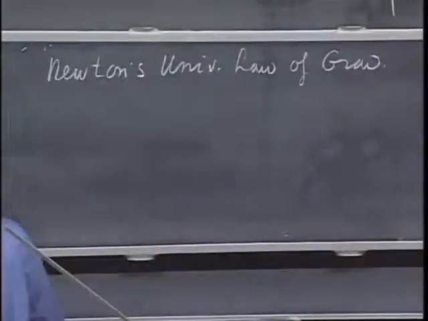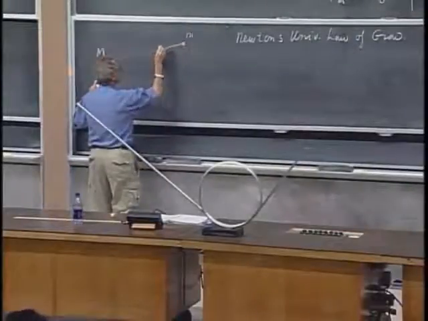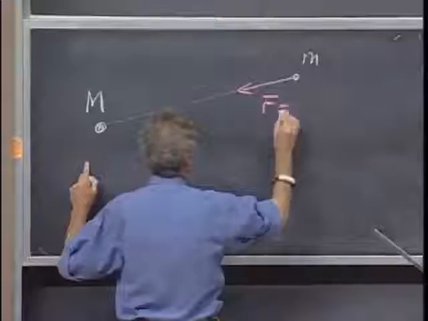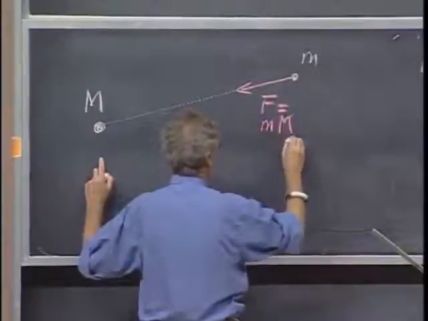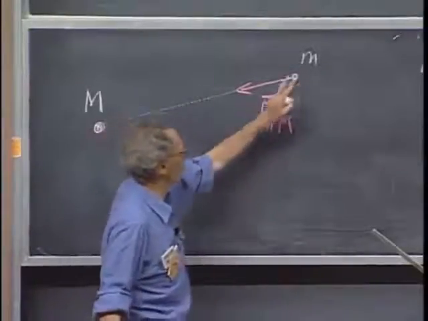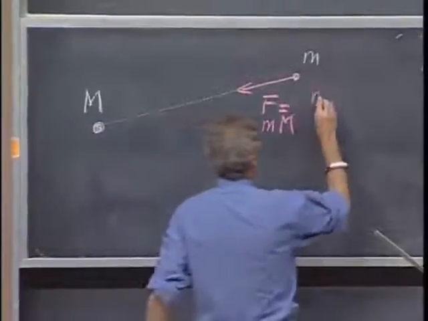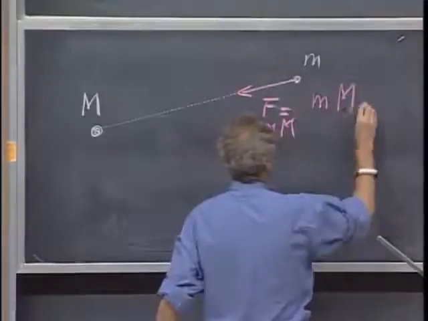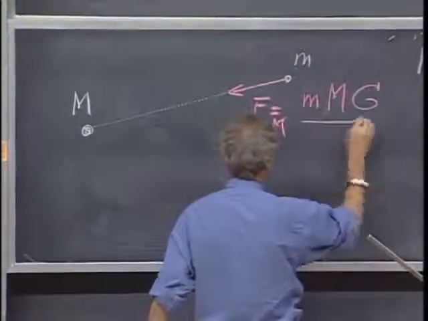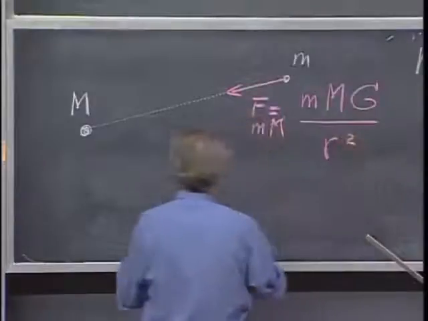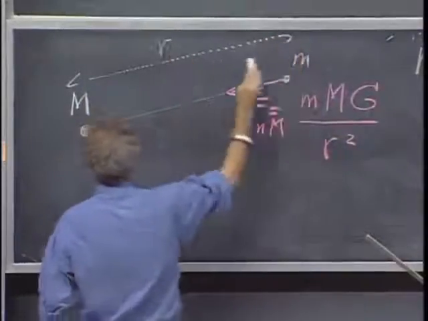He says the force that little m experiences equals, I'll put a little m here and a capital M here, so it is little m experiences that force due to the presence of capital M, equals little m times capital M times a constant, which Newton in his days didn't know yet what that value was, divided by r squared, if r is the distance between the two.